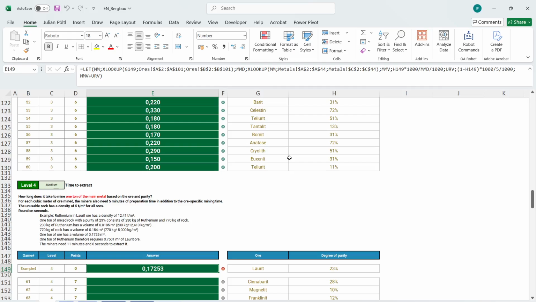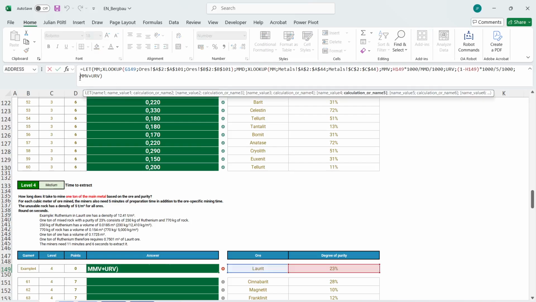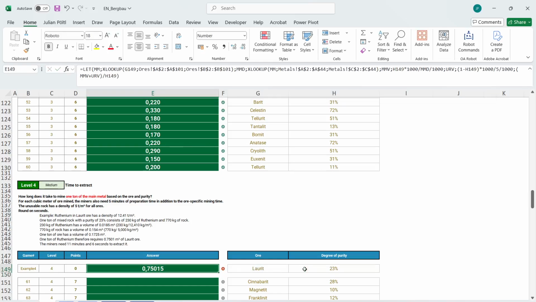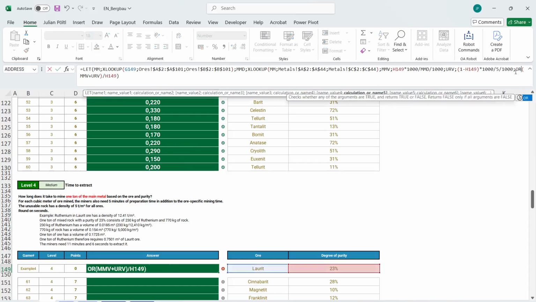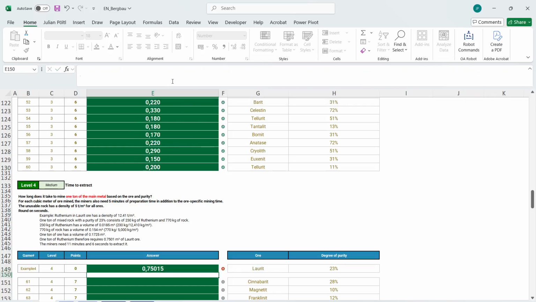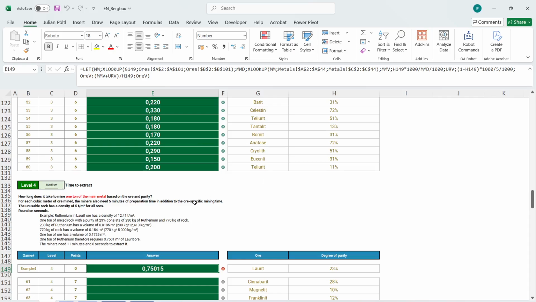And because we have the degree of purity, we need to divide by the degree of purity to get the volume required of the ore. And here we have then the ore volume, or V.